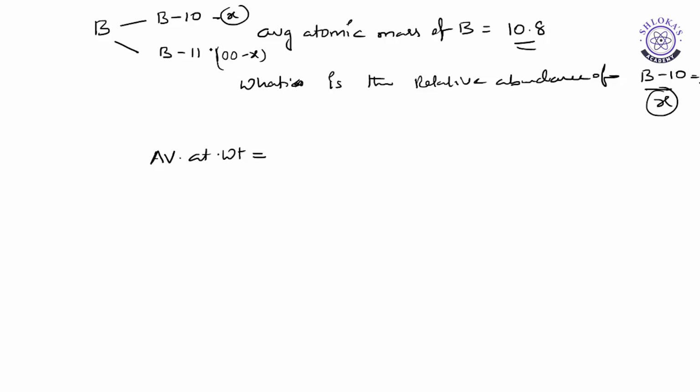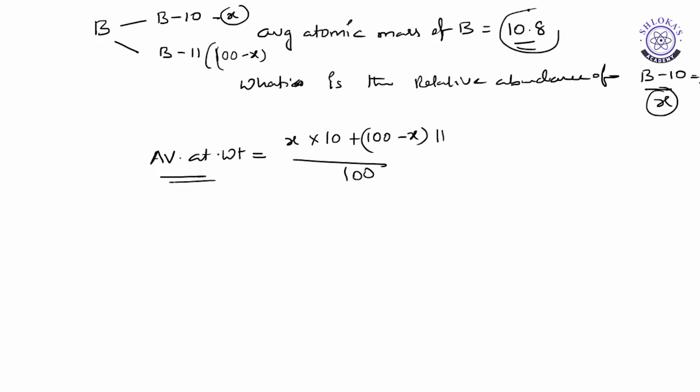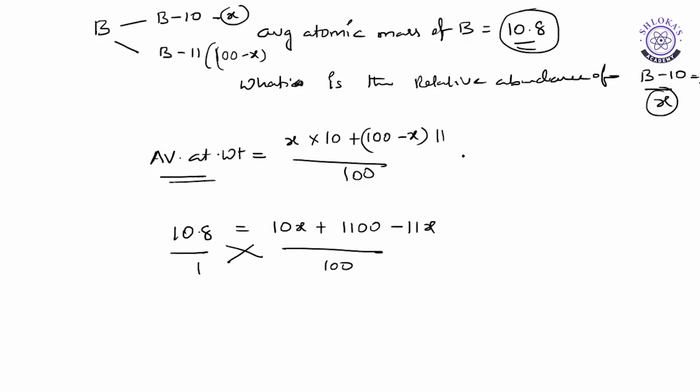Substitute: x into 10 plus 100 minus x into 11, by 100. The average atomic mass given in the question is 10.8. So 10.8 is equal to 10x plus 1100 minus 11x by 100. Do cross multiplication. If you do cross multiplication, what do you get? Tell me.